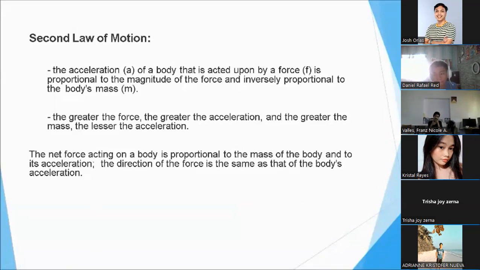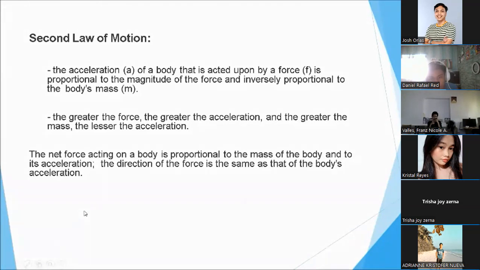Kaya nga sabi dito, the net force acting on a body is proportional to the mass of the body and to its acceleration. So ibig sabihin, if there's a great acceleration, there was a great net force that acted on the body. And of course, if there's a greater mass, you need a greater net force to accelerate it. Di ba?